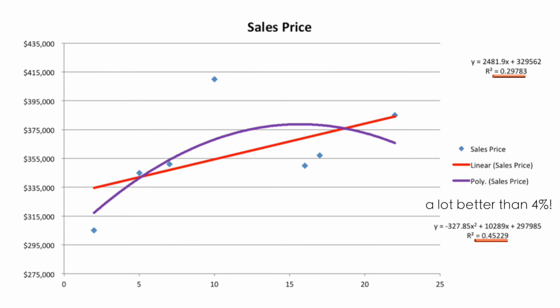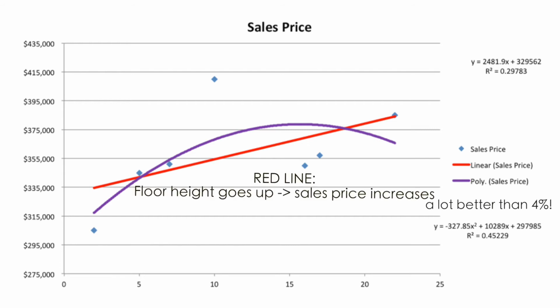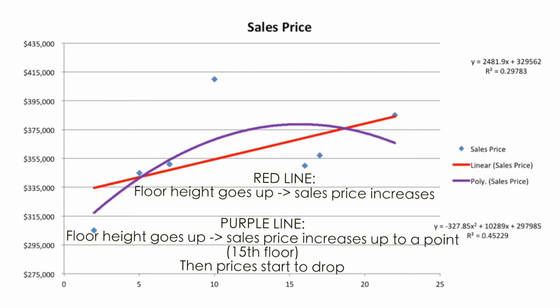Now, what happens is the red line shows us that as floor height goes up, sales price increases. That's the relationship you'd expect. The purple line, on the other hand, shows that as floor height increases, the sales price per floor increases up to a point at about the 15th floor. Then prices start to drop.